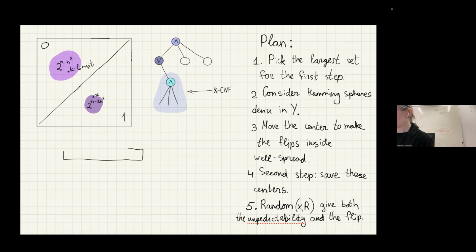So this is X, and I'm choosing a random block of bits R. The size of R is roughly n to the epsilon. With high probability, this random block is unpredictable. And also with high probability, there is a good flip inside.